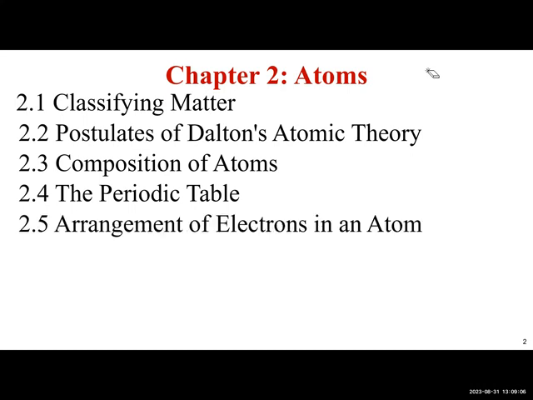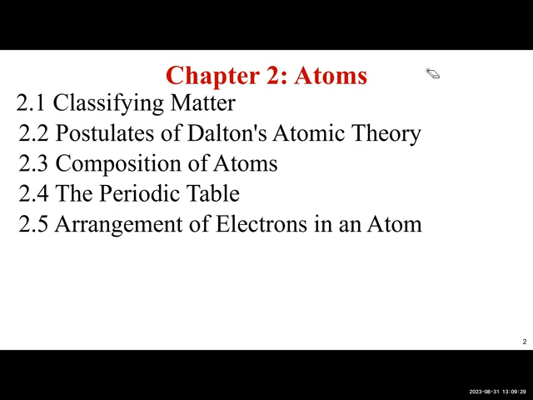Now, one of the most important things about an atom is that it has electrons that travel around outside the nucleus. This electron arrangement is important to chemistry. So we're going to look into details of electronic arrangement.